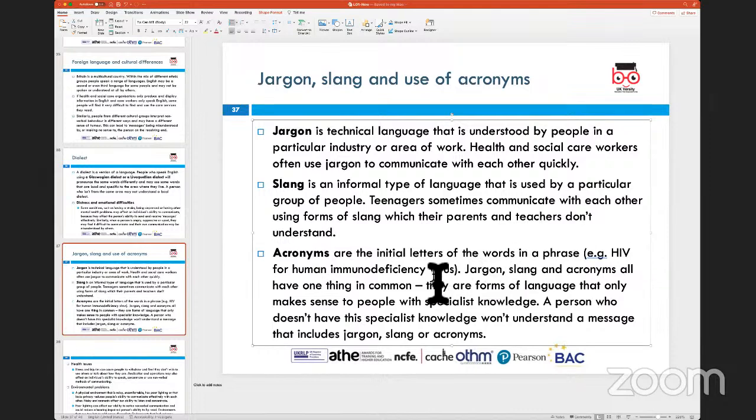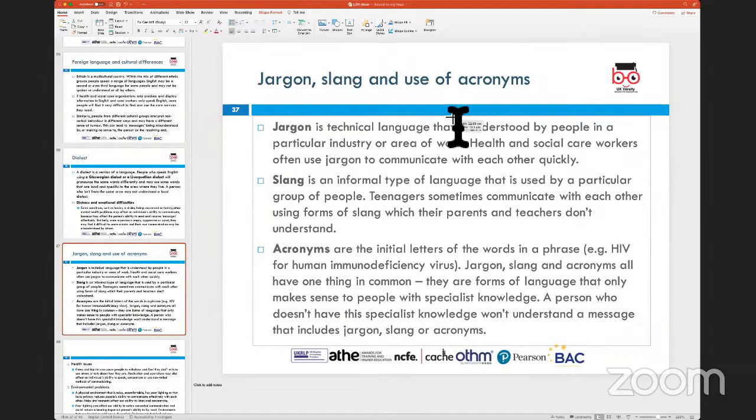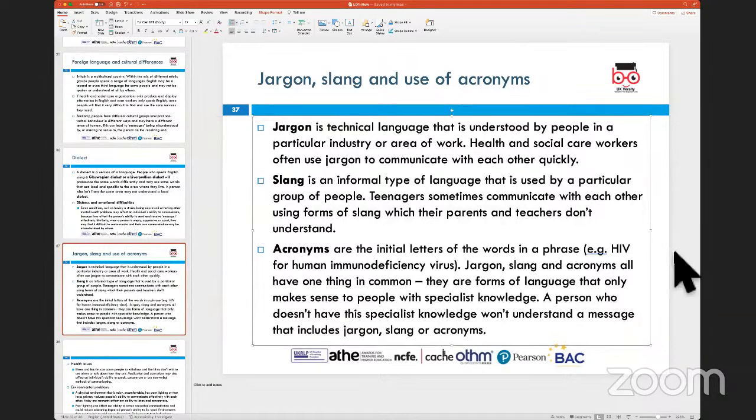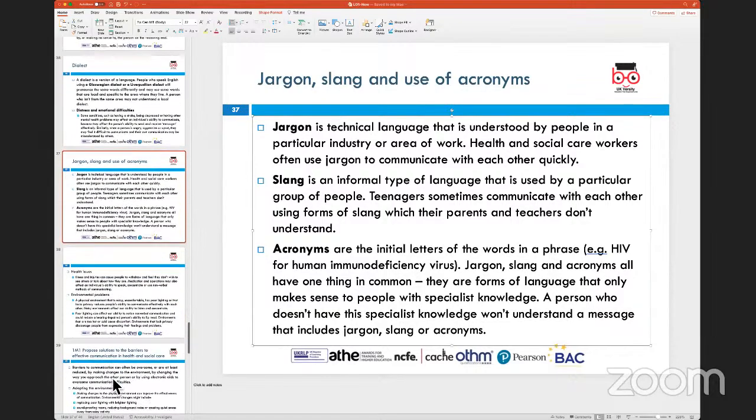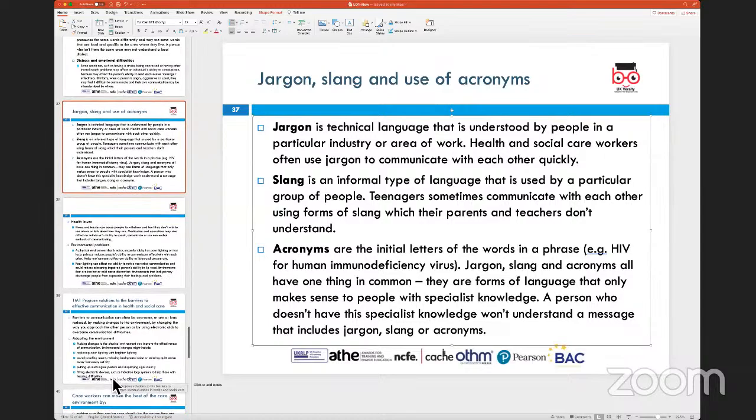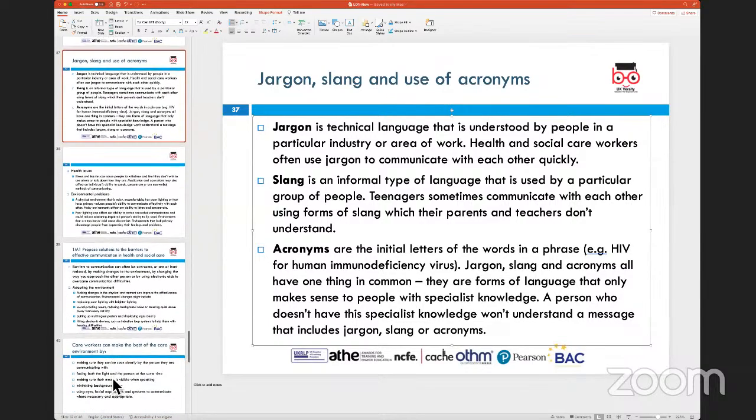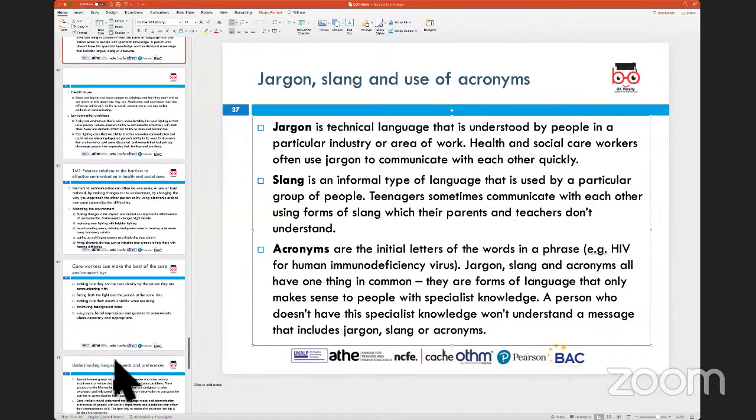So in this case, we sometimes need to not use these words, because some people might not be aware of the full forms of these, and they would not interpret or understand this information clearly, and that would also be a different form of barrier.